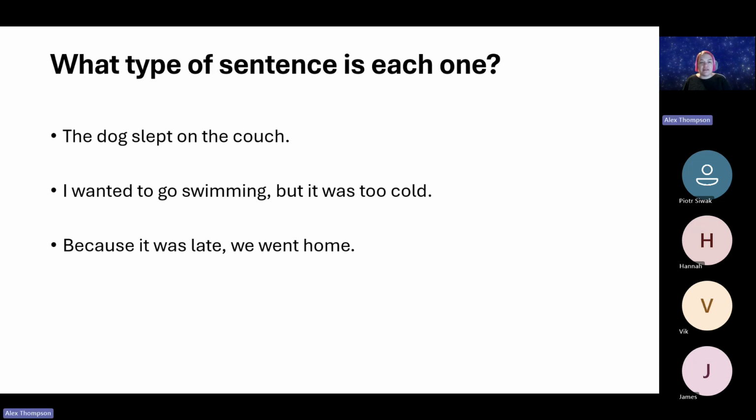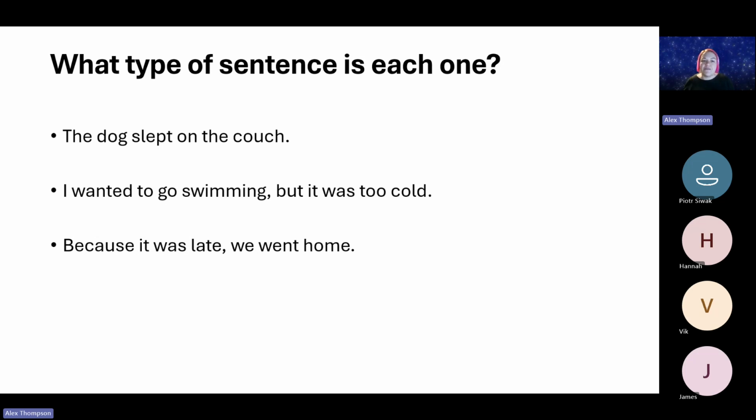So what I'm looking at is, is there a part of the sentence that has the subject and the predicate, and that's it? If so, it's simple. Does it have potentially two statements that are joined together? Or is it one statement with some added detail, and that added detail doesn't make sense on its own?